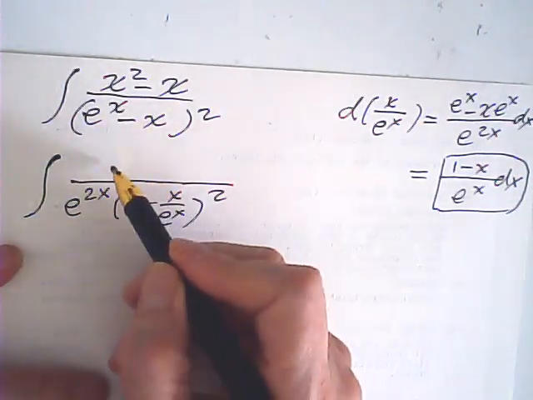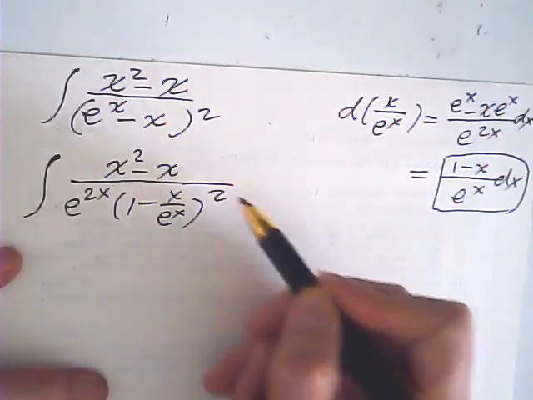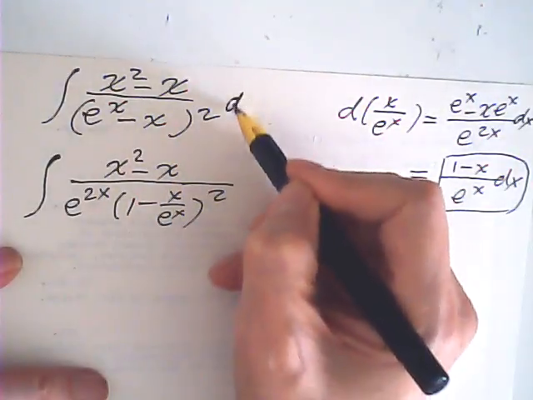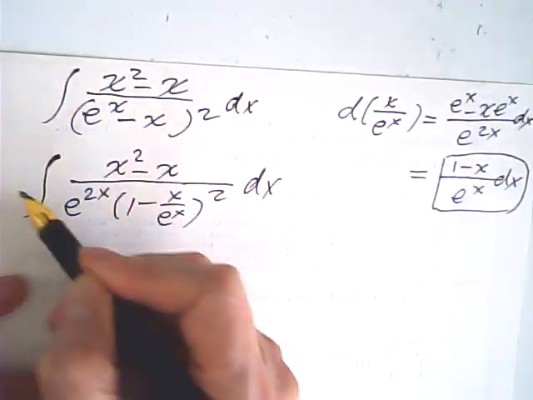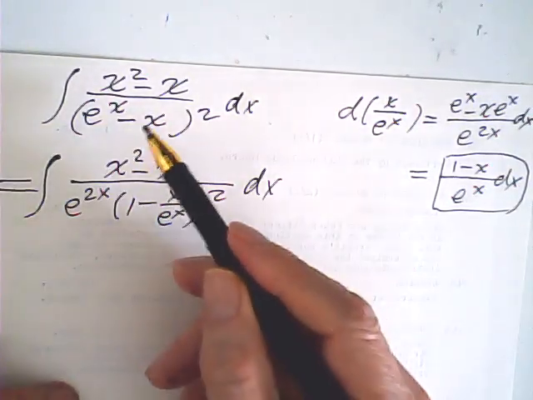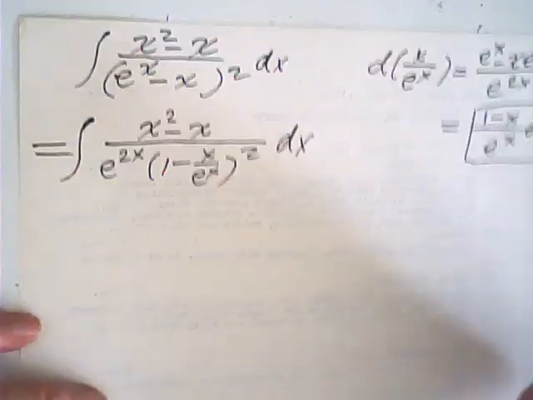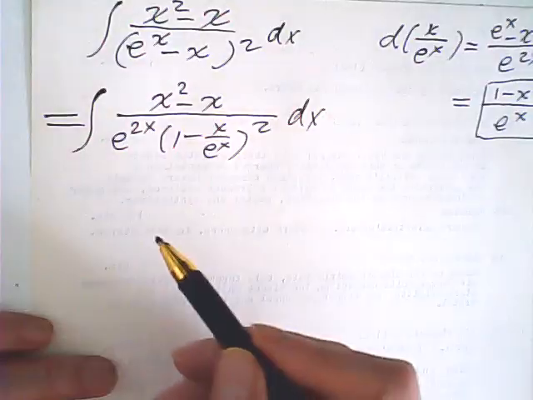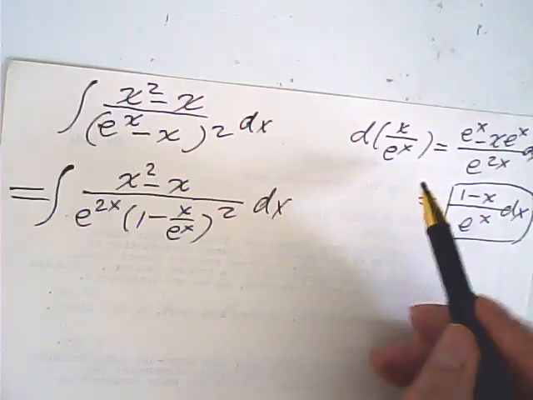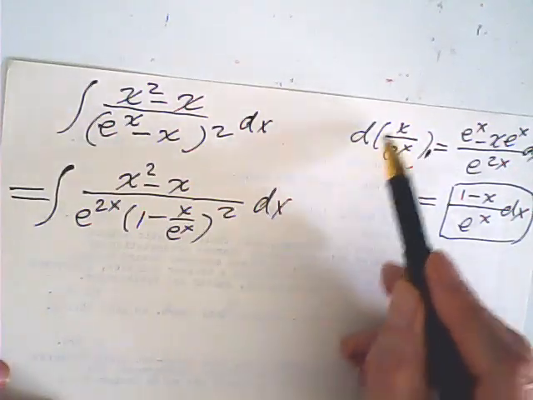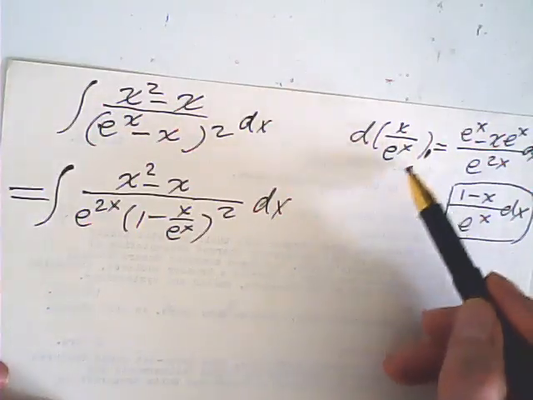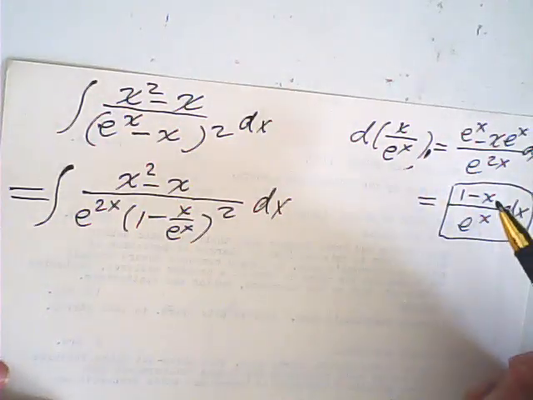And at the same time, dx, I must always keep maintaining the equal sign. Okay. Then this one equals... You see, when I have this, that means my variable is x over e to the x.